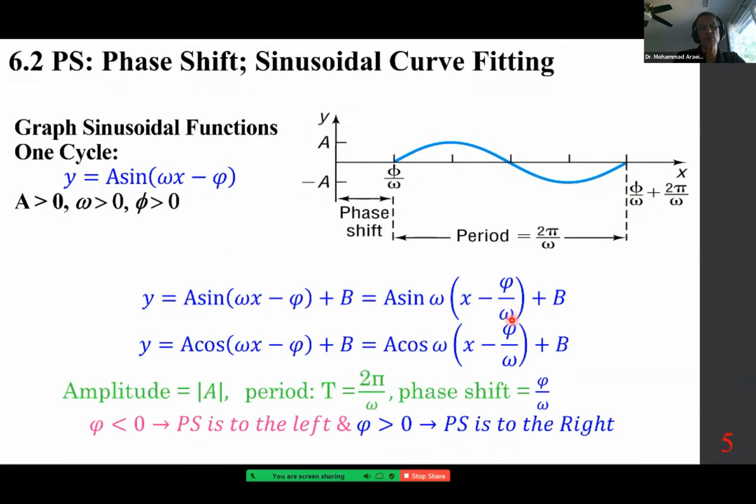Assuming everything is positive, this much to the right. And beta moves it up and down depending upon the value of beta being positive or negative. So when you have those, the amplitude is the absolute value of a, the period is 2 pi over omega, and the phase shift is phi over omega. And if phi is positive, PS, by the way, is short for phase shift.